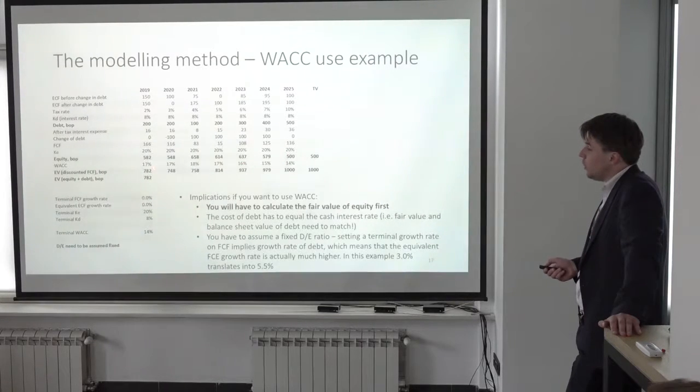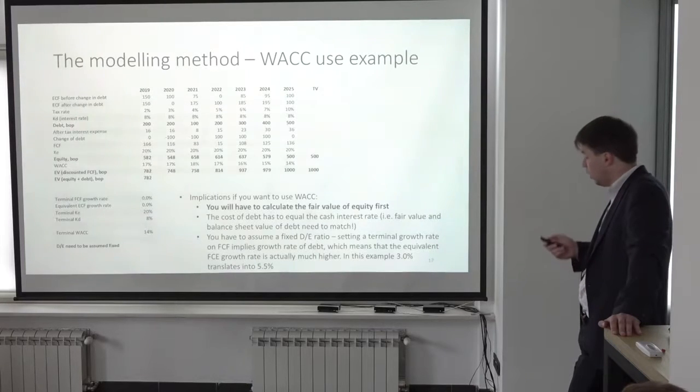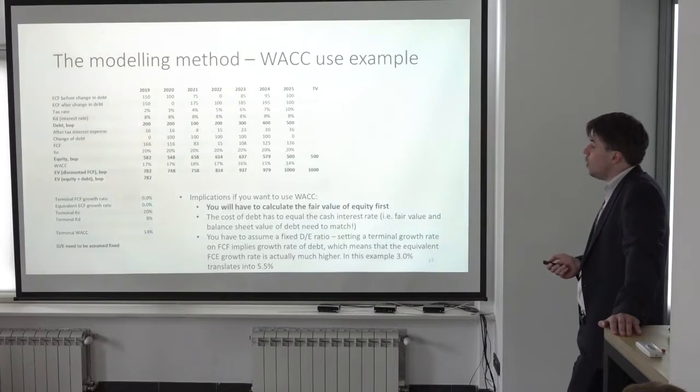So whenever you're using the WACC and you're not using it the way you're supposed to, you're not using the fair value of equity, and your fair value of debt is different from your cash payments on debt, from your cash interest rate. Whenever they're different, your formula is way off. Your discount is just mathematically incorrect. That's a big deal, right?